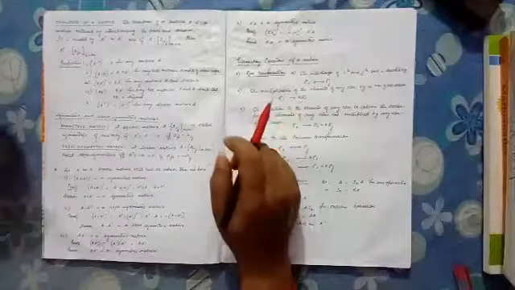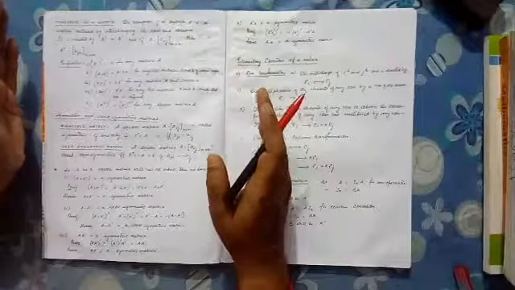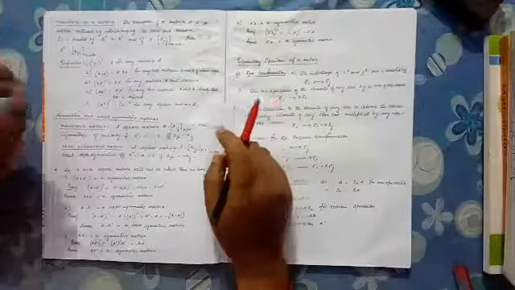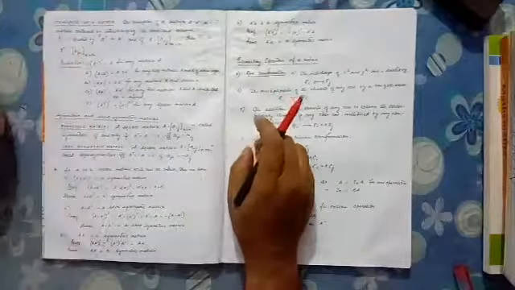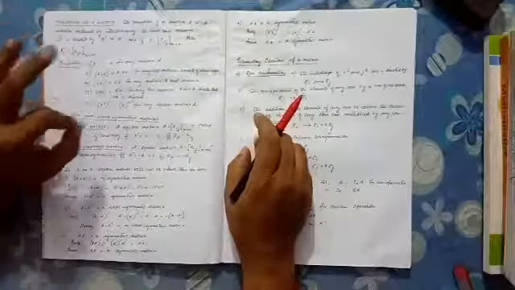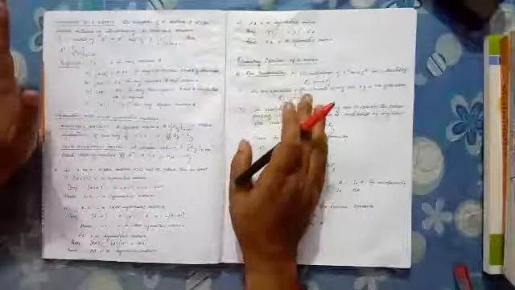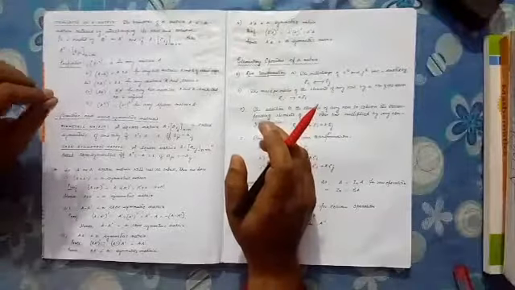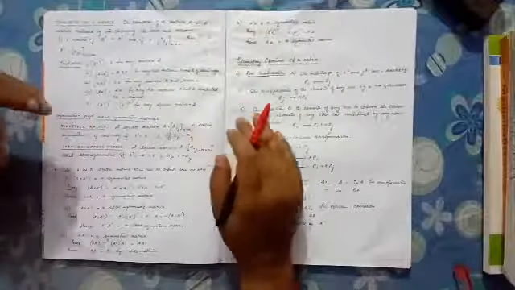Listen again. Suppose you are given a matrix, you have found out the transpose of the matrix. Now if you see that the matrix and its transpose are identical, the same, then it is said to be a symmetric matrix. This is a property of a square matrix.